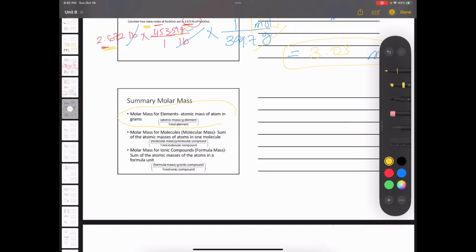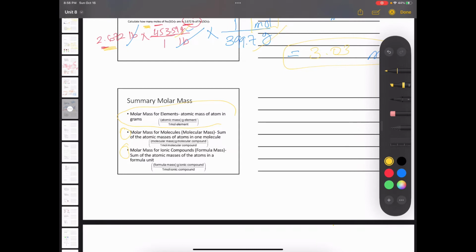The number that we get from the periodic table, which represents the mass of the nucleus, the protons and neutrons, is the atomic mass of that element. When it comes to the molar mass of a molecular compound or covalent compound, it's basically the summation of all atomic masses of all the elements in that chemical formula.